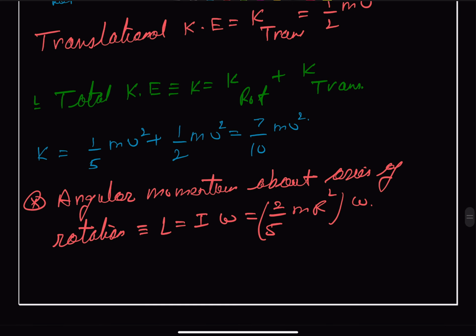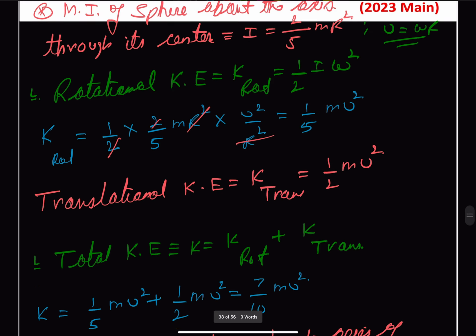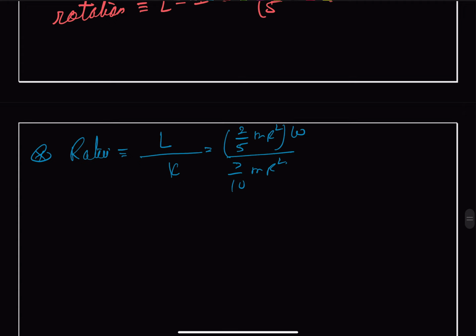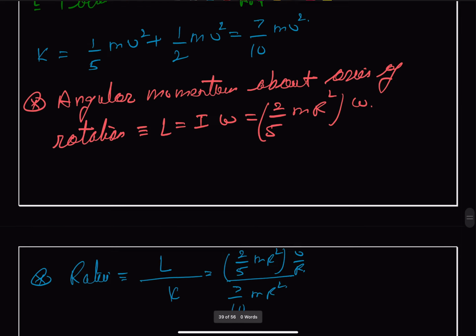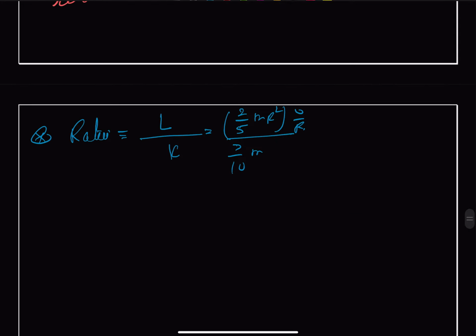Okay, so we can substitute this omega as v upon r. Okay, so let me substitute it here. This comes as v upon r, and this was 7 by 10 mv square.